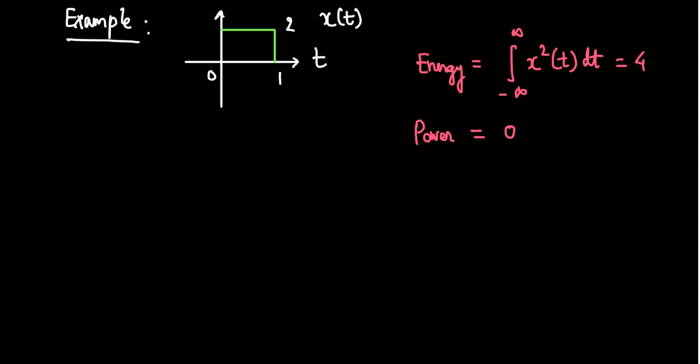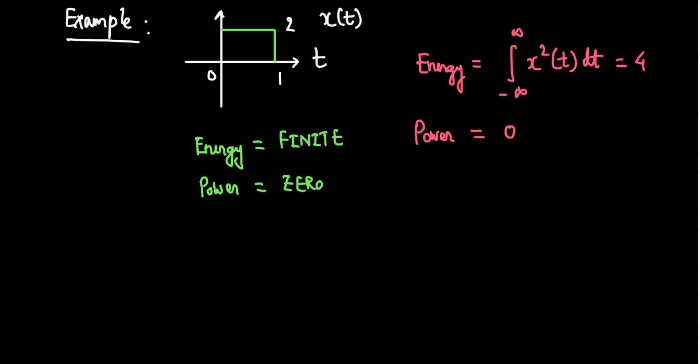Now in this case, we have the energy as a finite value and the power as 0. So let me write that. So energy is finite, whereas the power is 0.